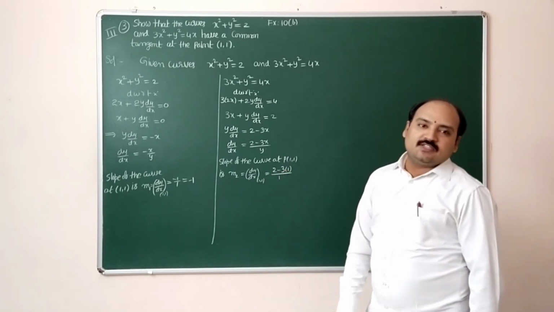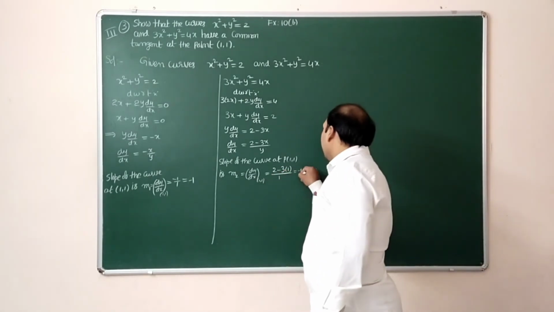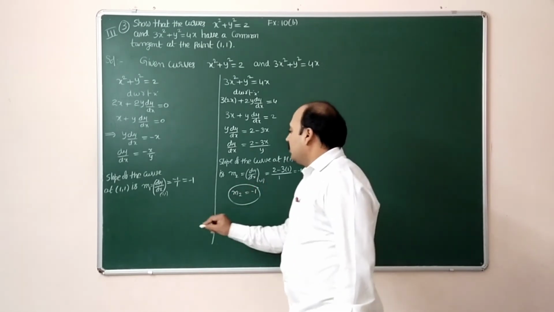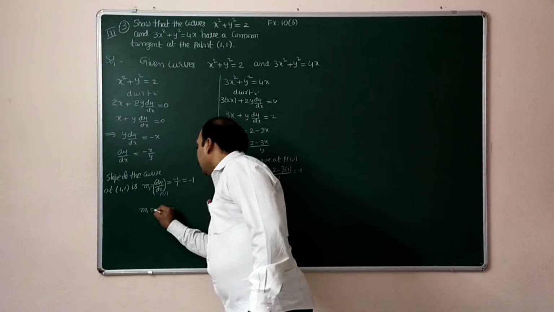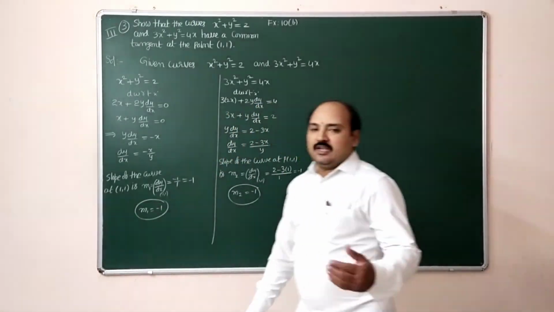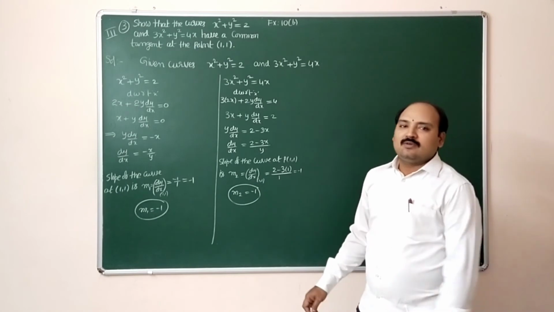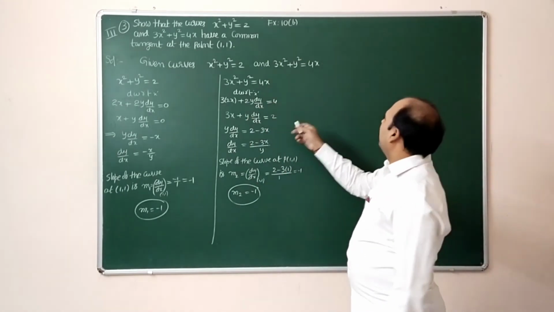So 2 minus 3 is minus 1. So therefore m2 equal to minus 1. m1 equal to minus 1. Actually here only we can conclude that whenever slopes are equal, they are having common tangent. But they are asking to prove, no? So we will prove that.